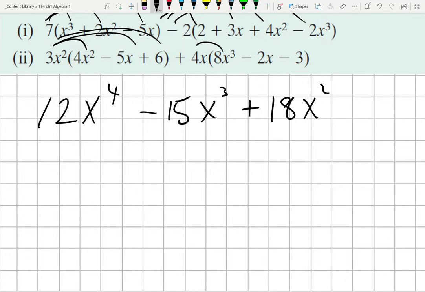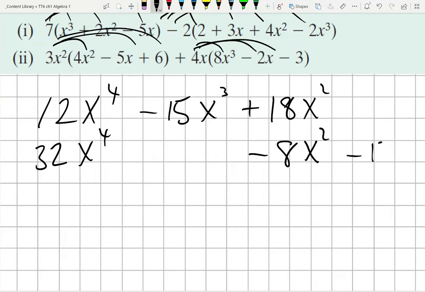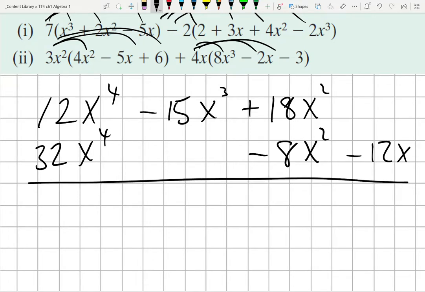Now I'll think carefully about where 32x to the 4 goes. Where minus 8x squared goes. And where minus 12x goes. And now the grouping has become a little bit easier.